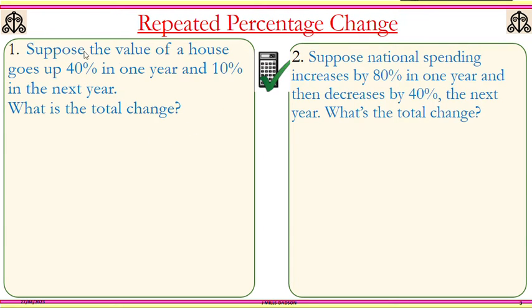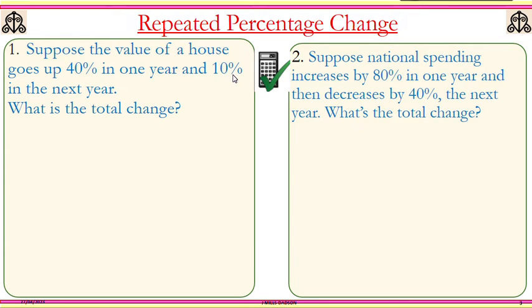So the first thing is to convert each percentage into a multiplier. And the concept is original amount is always 100%. So if you have a 40% increase, it is 100% plus 40%, 140%, and you divide it by 100 to give you the multiplier for 40%.